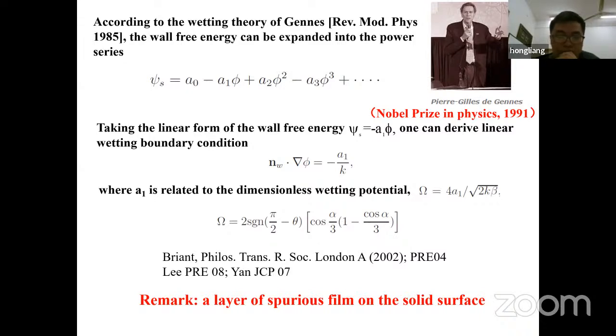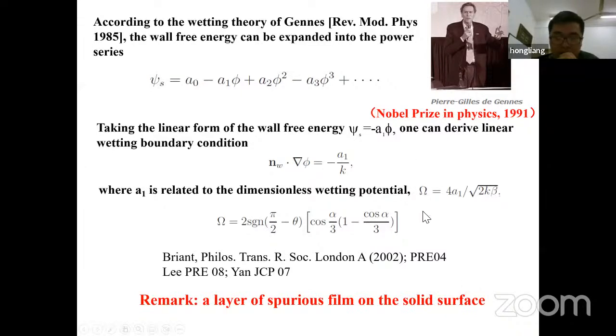In previous work, many researchers take the linear form of the wall fluid energies, and then the wetting boundary conditions can be presented as these ones, where A1 is related to the dimension of the wetting potentials.